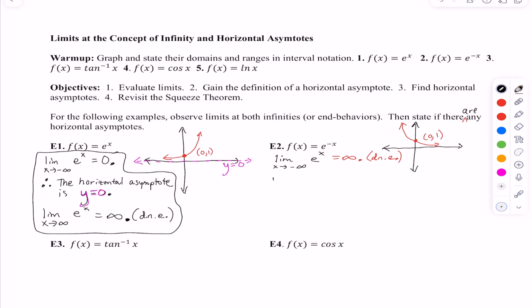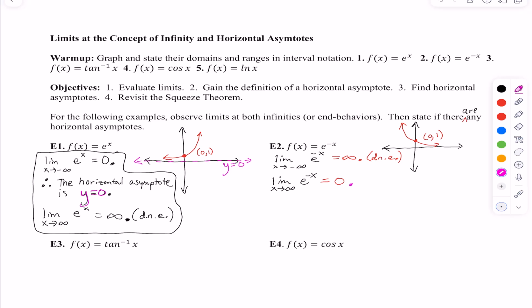Let's observe the other end. As x approaches positive infinity, what happens to e to the opposite of x? This is approaching 0 again.